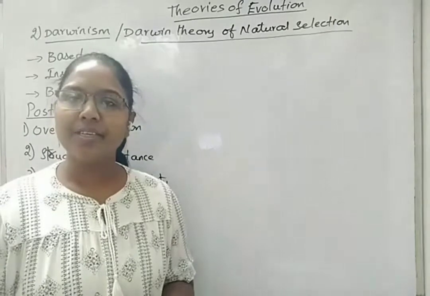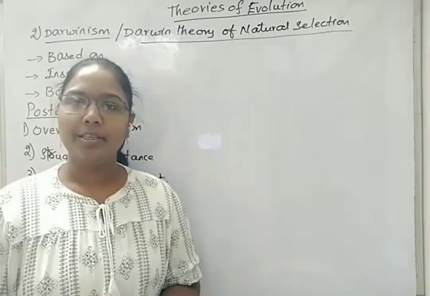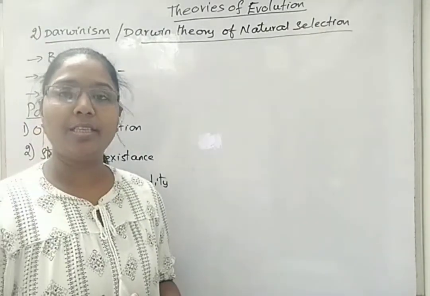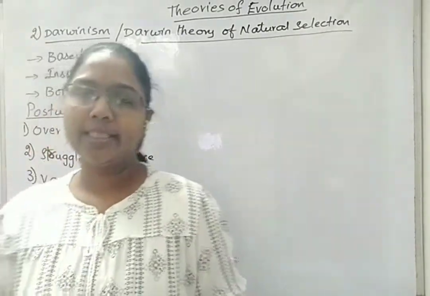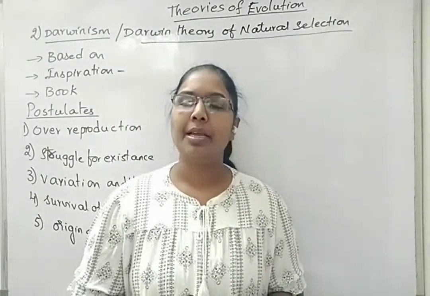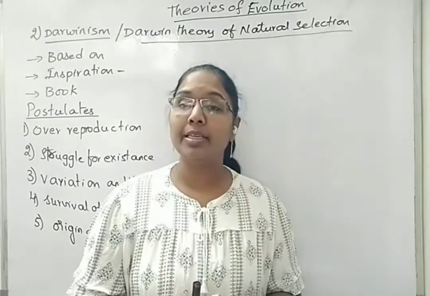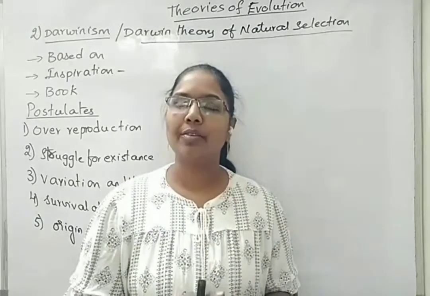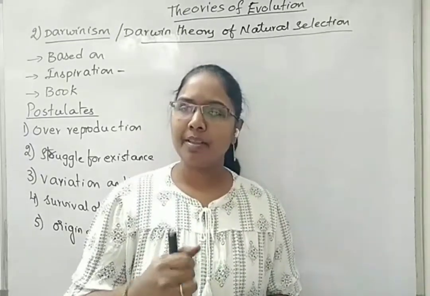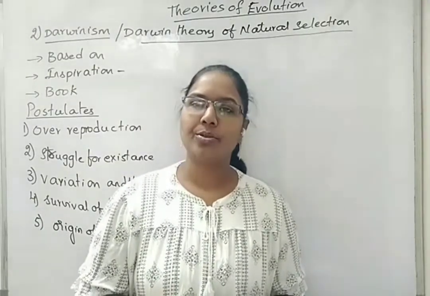Next is Darwinism, or Darwin's theory of natural selection. Here, Darwin postulated that any individual during its lifetime, based on the availability of food grains and the availability of habitat for its survival, exists.